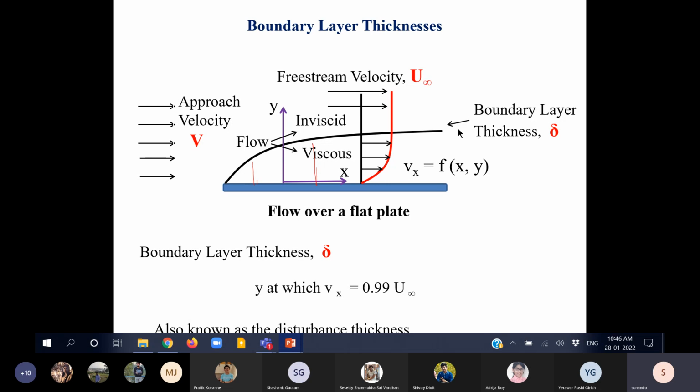Any other property that comes to your mind? Another property of a streamline is that no two streamlines can cross. Nothing can cross a streamline. Do you think you would be able to call the edge of the boundary layer a streamline now?